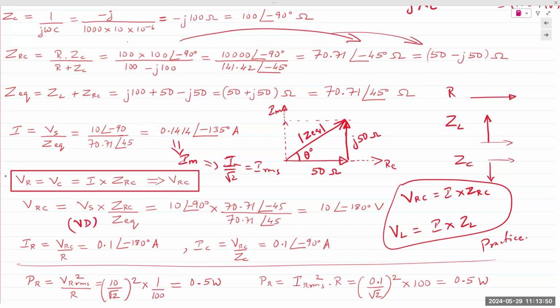You can obtain by Ohm's law, I times ZRC. Same principle, you can find the voltage for VL, I times ZL. Okay, I times ZL. Make sense?